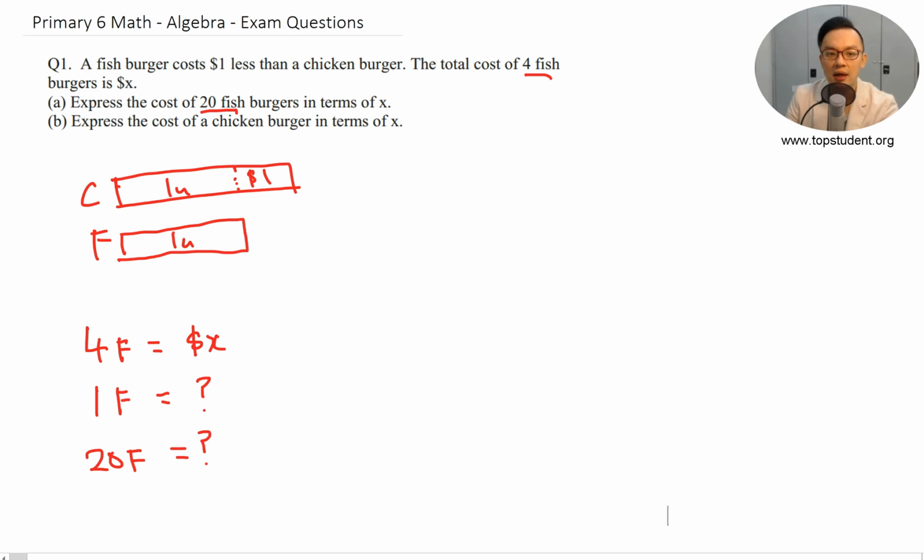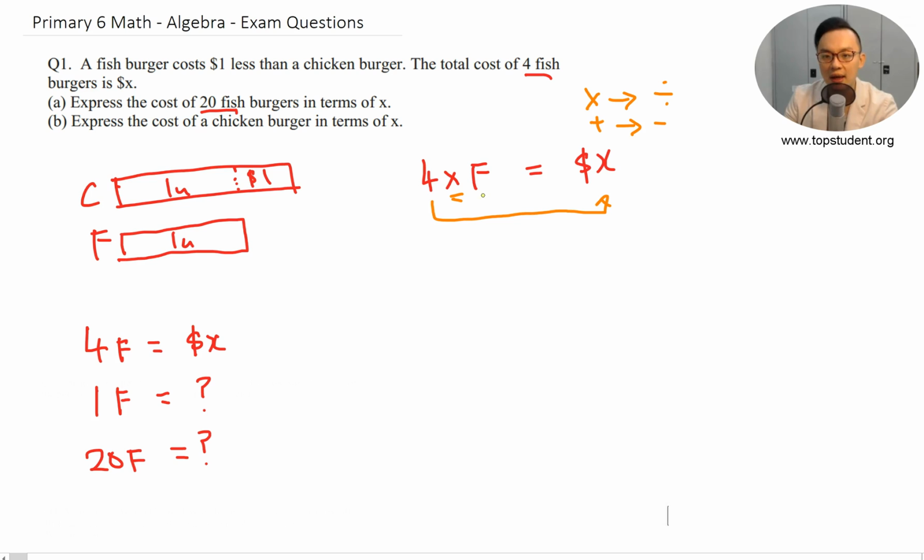Let me write this out simply for you. This is 4 times fish equals X dollars. When you bring the 4 across, times becomes divide, plus becomes minus; likewise, divide becomes times, minus becomes plus.